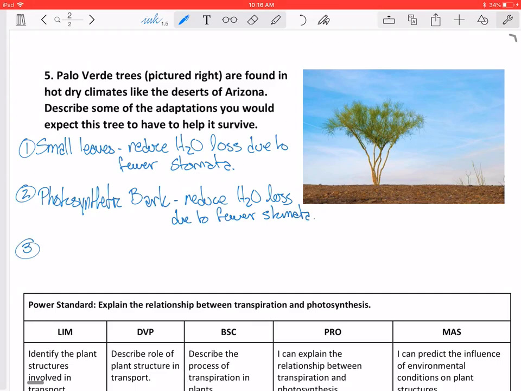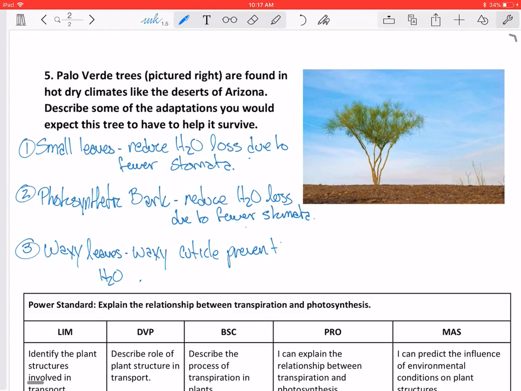Another one that you guys could have listed or talked about would be waxy leaves. A waxy cuticle prevents water loss. So again, guys, 1, 2, 3, we have 3 different ways for this plant to reduce water loss.